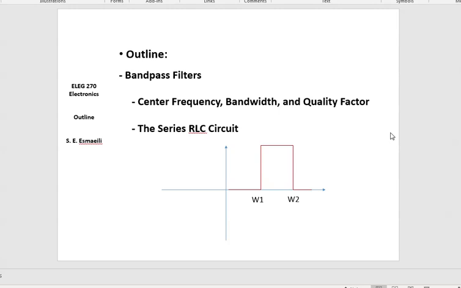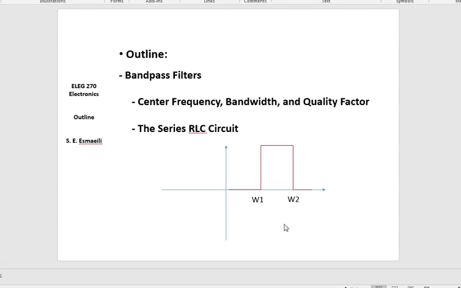Today I'm going to tell you briefly about the bandpass filters. Bandpass filters, as you can tell from their name, allow a certain band of the frequencies to pass, and the rest of the frequencies they need to stop.